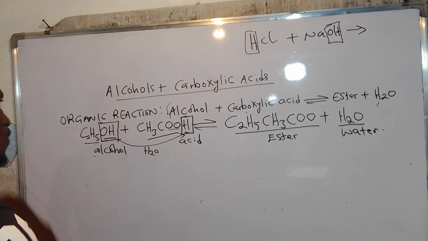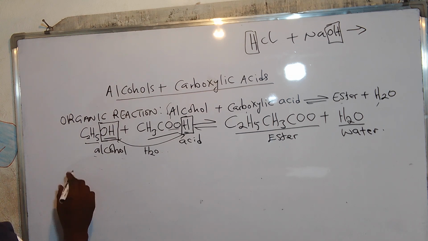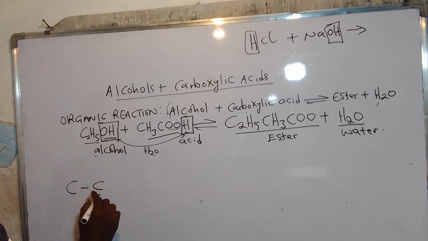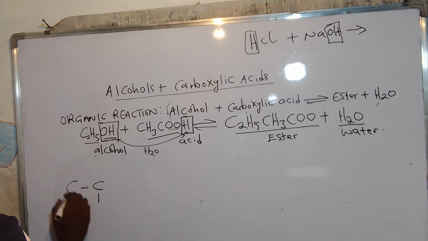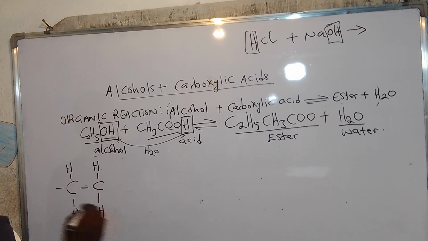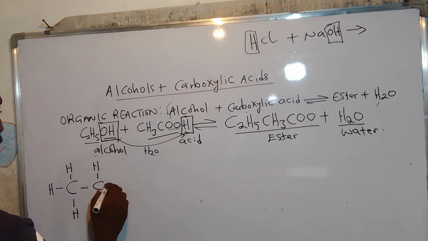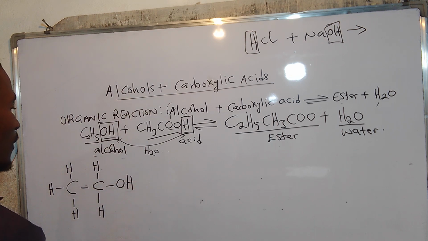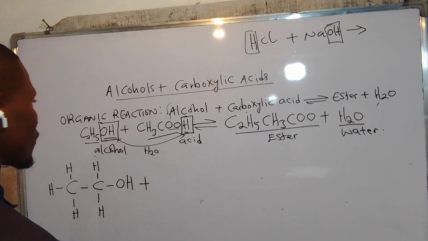Now the structure of this one is going to be C. We have two carbon, and we fill in the hydrogen, which are just 5. I hope you can see. And then you also have the OH, then now plus this one.